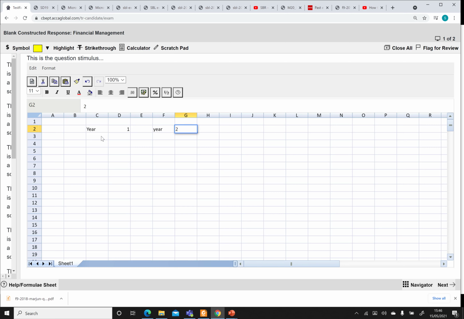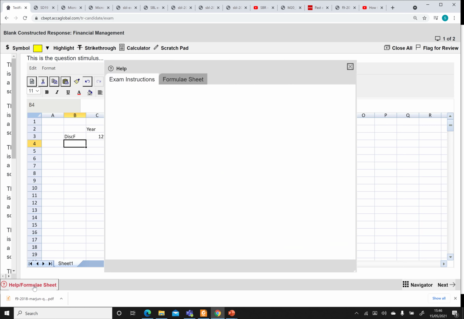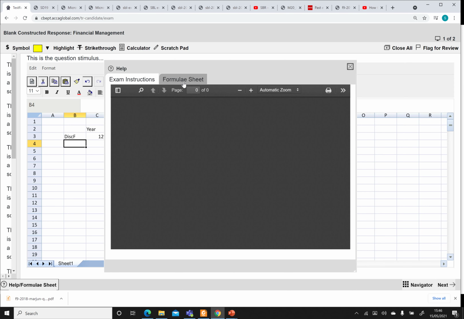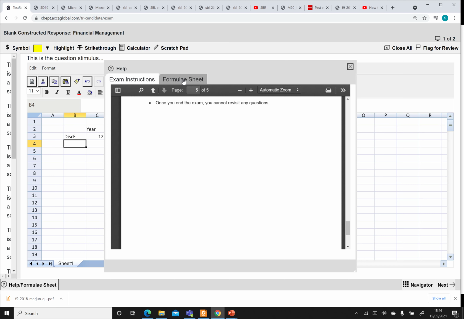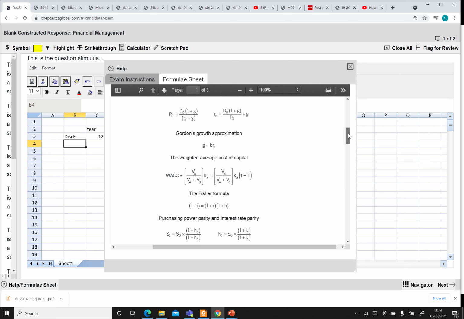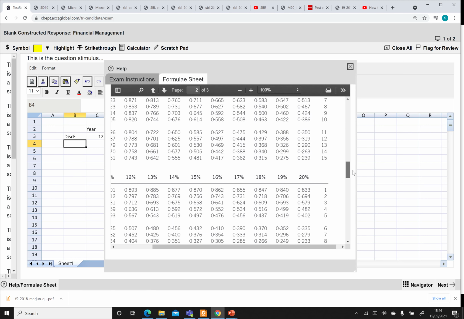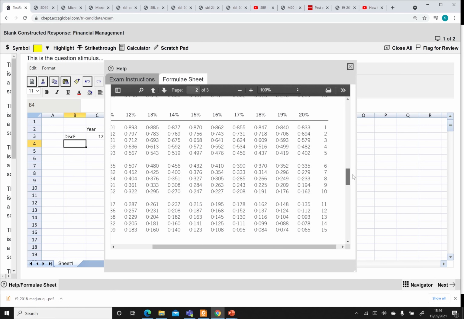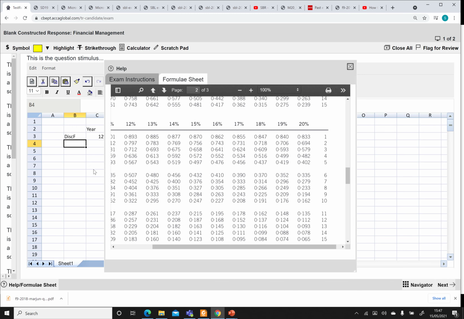And for these, we're going to have the discount factor, and we're dealing with a discount factor of 12%, and 12% again in year 2. So needing to know what the discount factor is for 12%, we could work it out, or we can just put it in using the formulas within our formula sheet. For 12%, for 1 year is 0.893, and for 2 years is 0.797.